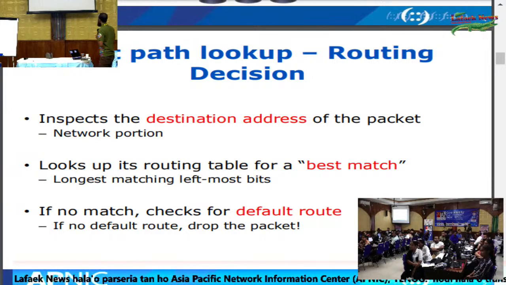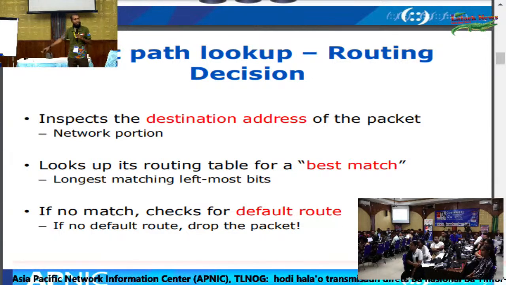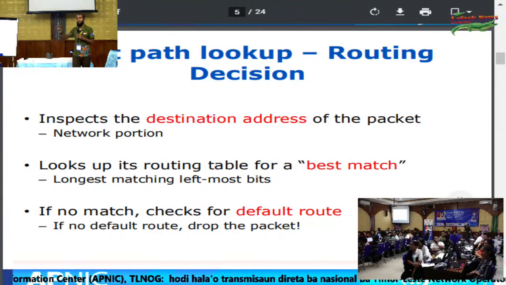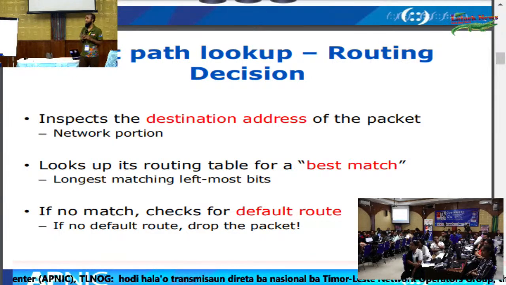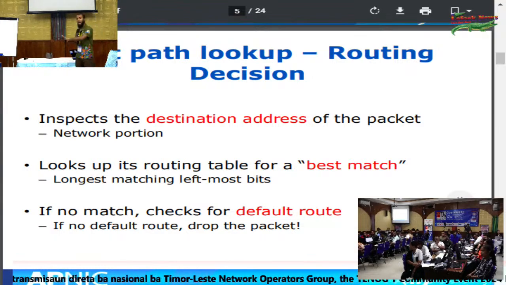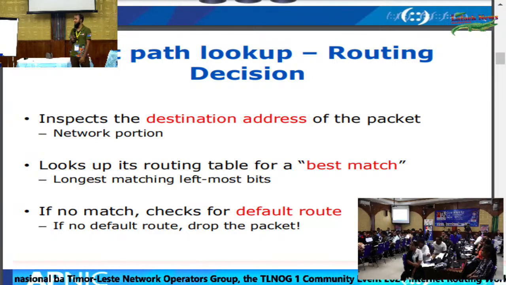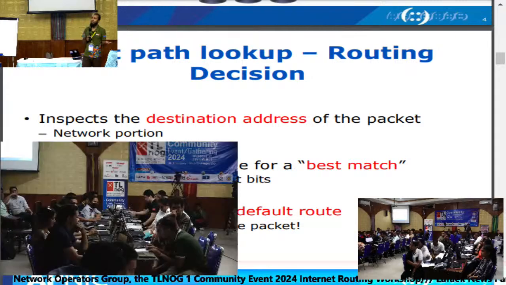Now, if there is no match in the table, like I said, there is a table that has the best paths. If the path is not in the table, that's unknown to the router. Usually, if something is unknown to the router, it just drops the packet. If I don't know anything, I'll just drop the packet.